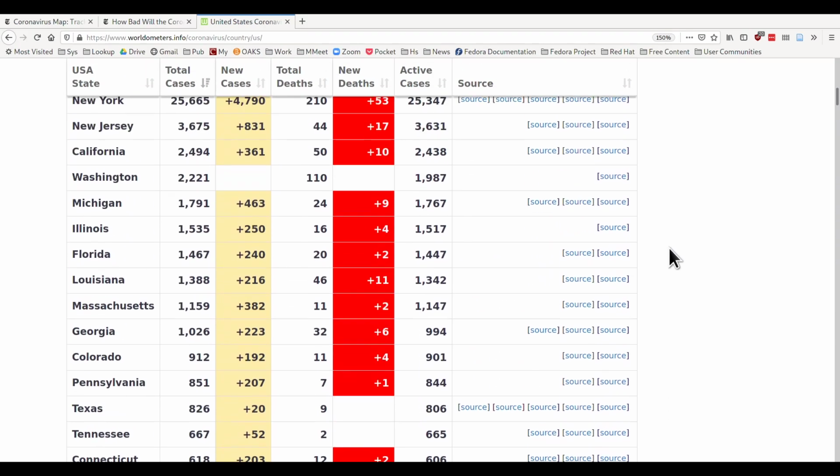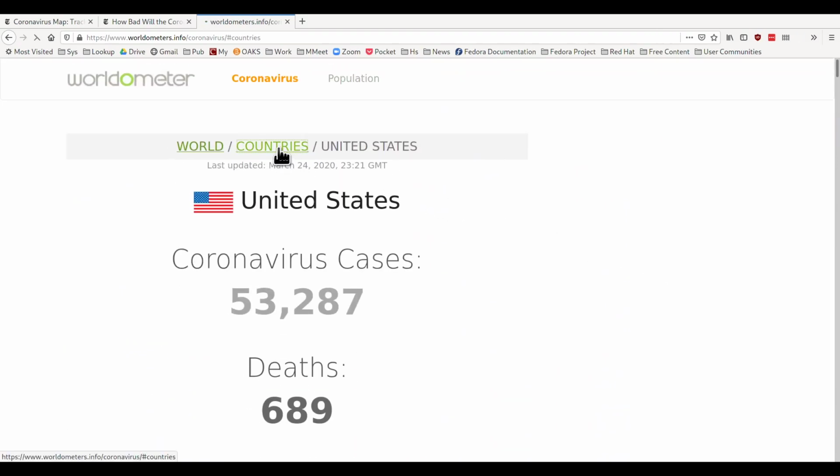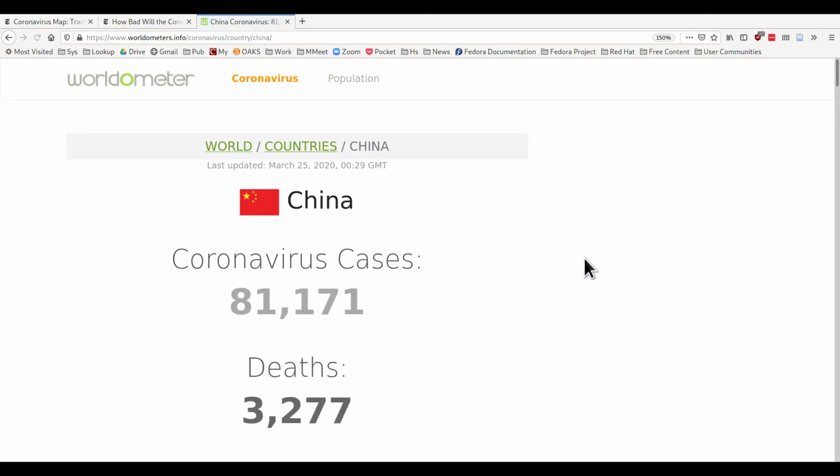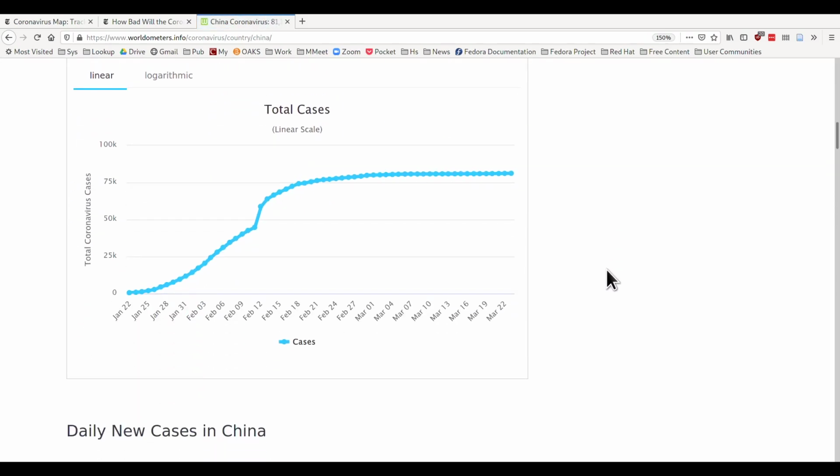Now, let me go up here to the top and switch to China. So again, this is the total number of cases recorded in China. This jump was due to an improvement in the testing procedure. And you can see here that there was exponential growth for a while, and then the Chinese, by imposing quarantines and social distancing, were able to stop the total number of cases from increasing.